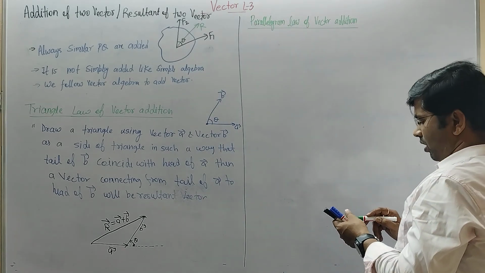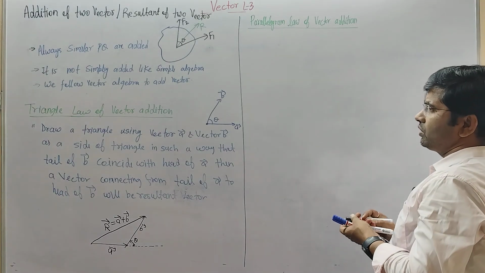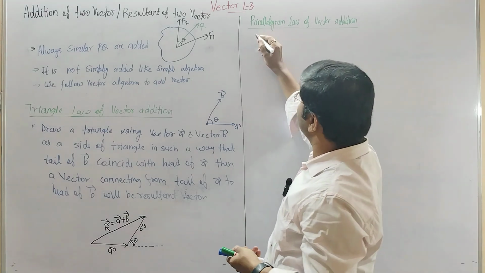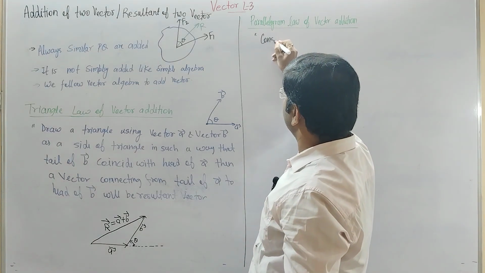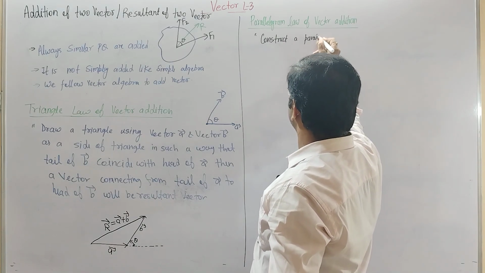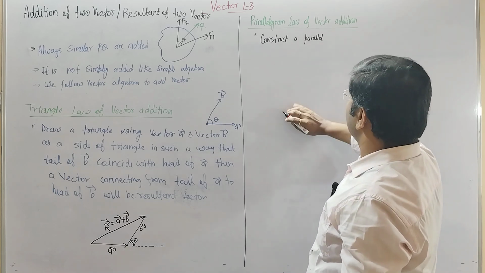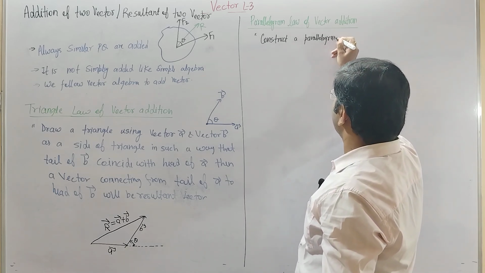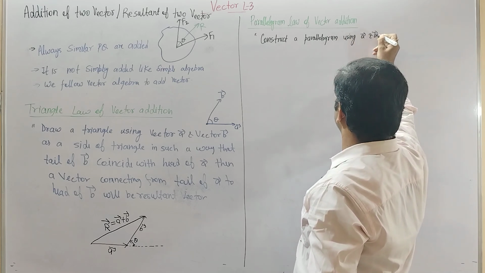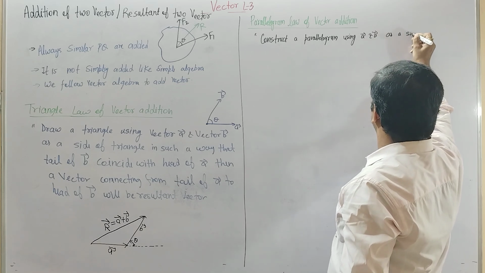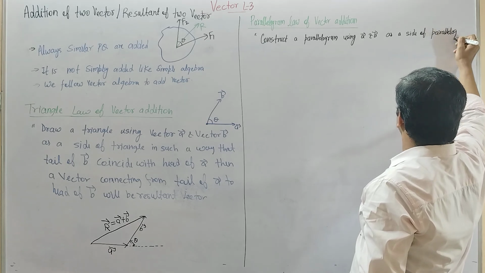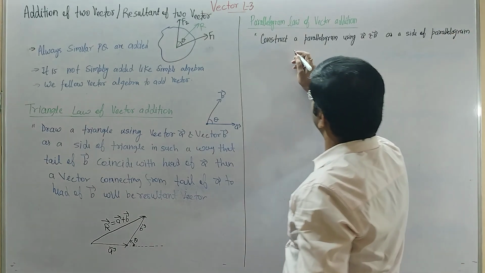In this law, we will construct a parallelogram using vector A and vector B as sides of the parallelogram.